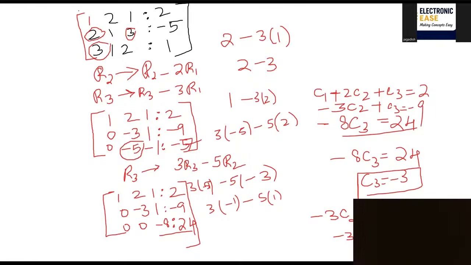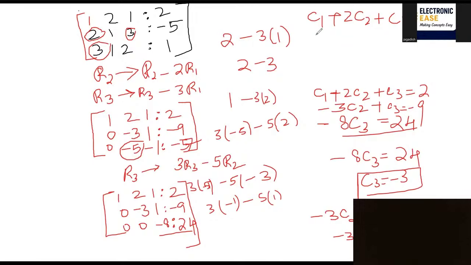So we got the C2 value and the C3 value. So we will be substituting in the first equation. So what will I be getting as the C1 value? C1 plus 2C2 plus C3 is equal to 2.